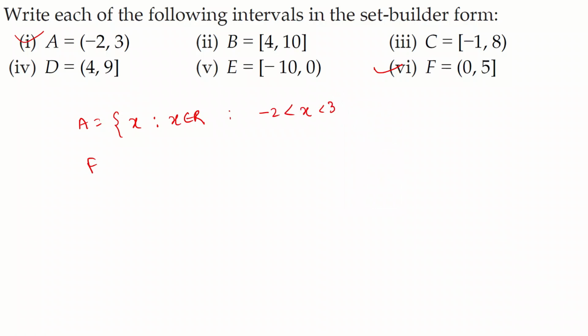And the set F is the set of all those real numbers such that 0 is less than x less than or equal to 5, because we are having a square bracket over here and we had round brackets in these two cases.